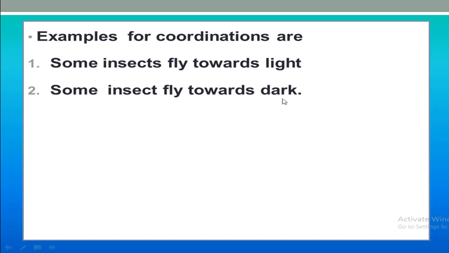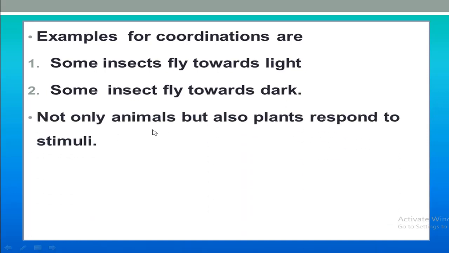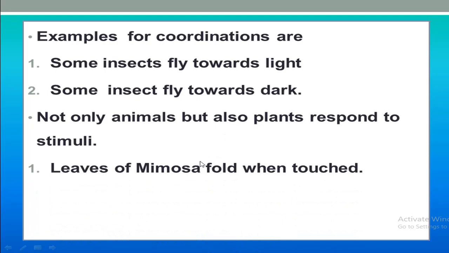And also, not only animals but also plants respond to a stimulus. When we consider the response to a stimulus, plants also show this process, irritability and coordination. You have seen some plants bend toward the sunlight, no?